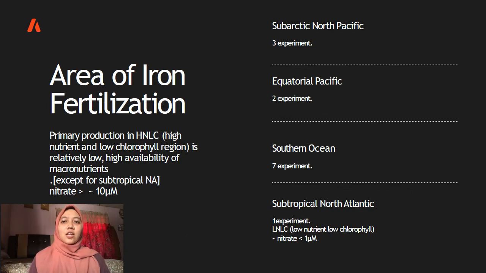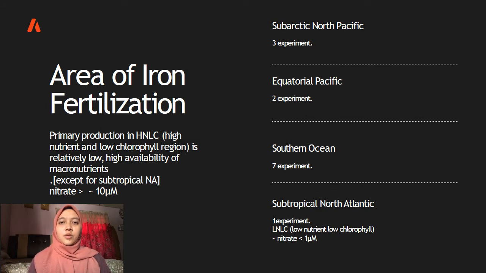There are 4 locations for ocean iron fertilization experiments, which are the subarctic North Pacific, equatorial Pacific, Southern Ocean, and subtropical North Atlantic. The subarctic North Pacific, equatorial Pacific, and Southern Ocean are well known as HNLC regions, which are high nutrient, low chlorophyll regions, where the amount of nitrate is approximately more than 10 micromolar.